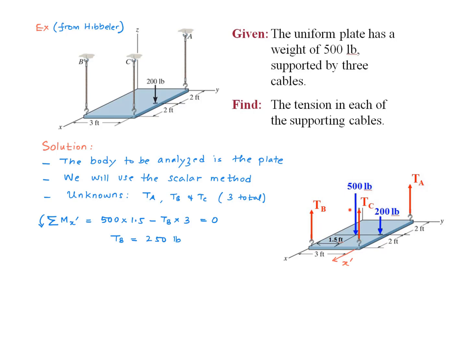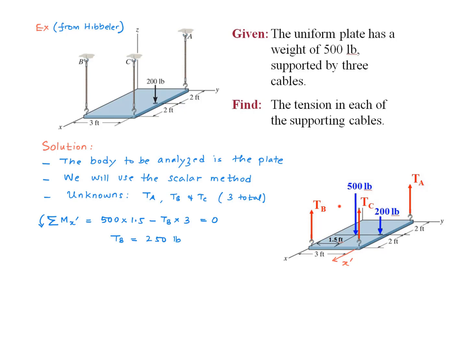So only forces that will make a contribution are TB and 500 pounds, right? This is the line of action of the weight 500 pounds, and the perpendicular distance to that from my x prime axis is 1.5 feet. This is also giving me a counterclockwise moment, so that goes in as a positive term in this equation.